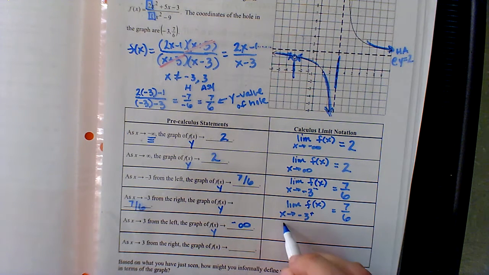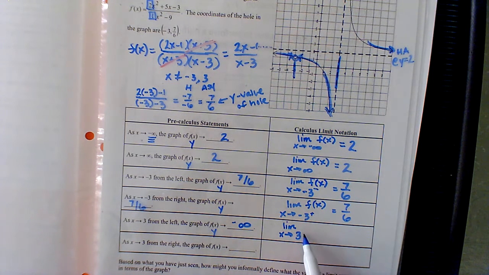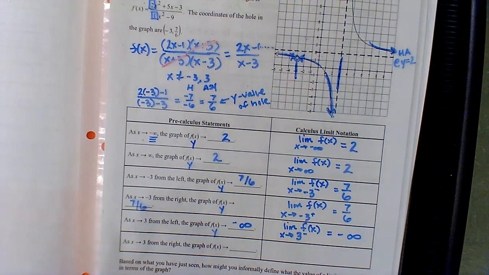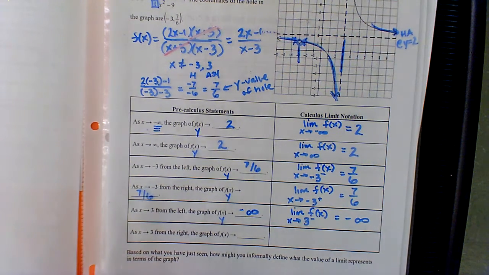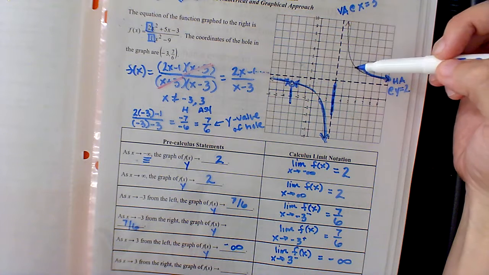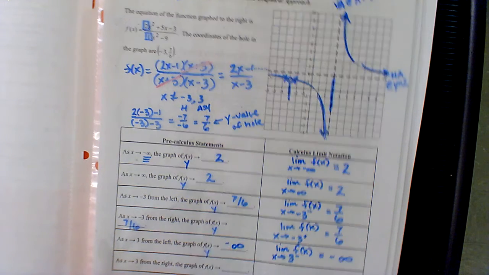All right, so in limit or calculus notation, the limit as x approaches 3 from the left, so we need that little minus sign, of the f function is negative infinity. All right, last but not least, as we approach 3 from the right, what's the graph doing? So here's that 3 mark again. As we trace the graph on the right-hand side, notice how our graph goes up forever.